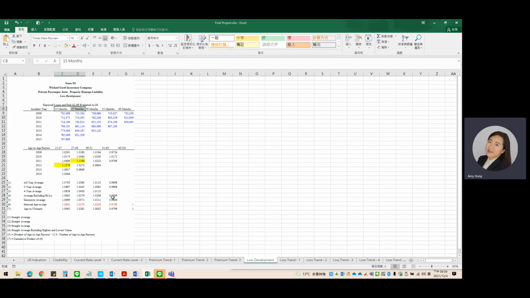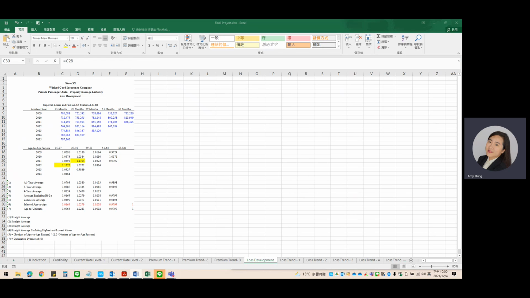We calculated the loss development factor by using 5 different averages, including all-year average, 3-year average, 4-year average, excluding the highest value and the lowest value, and then geometric average. My selection is based on the average excluding high and low value, which means it represents the straight average of all link ratios after excluding the highest and lowest link ratio.